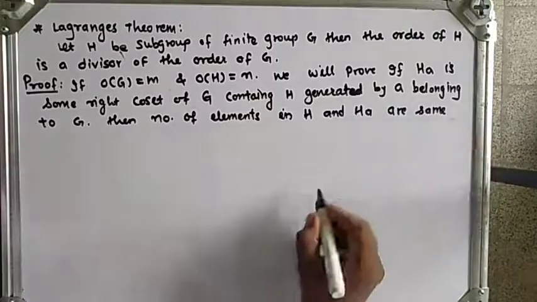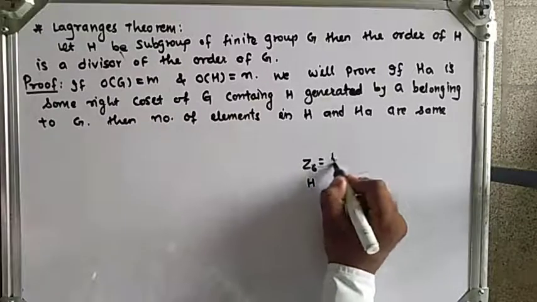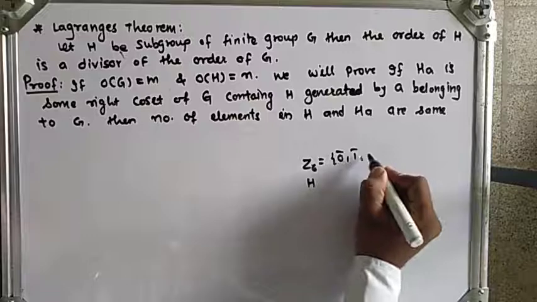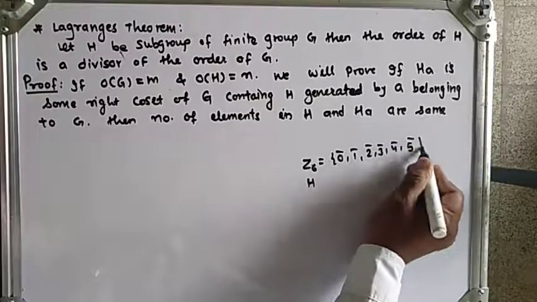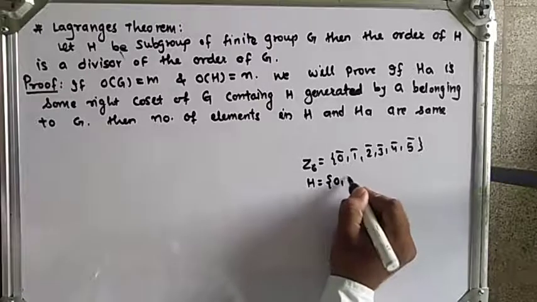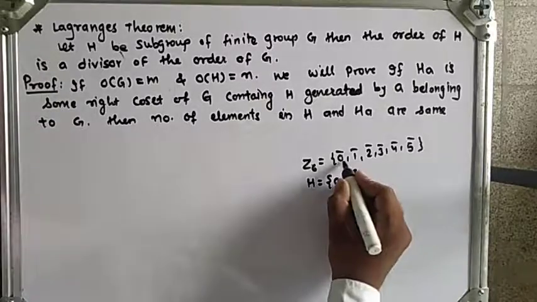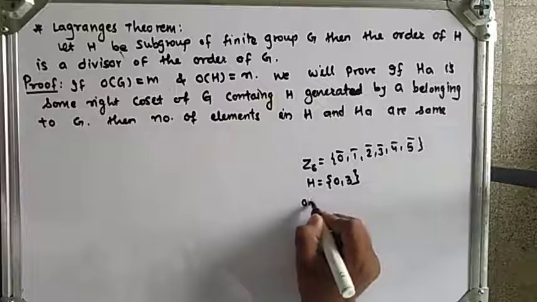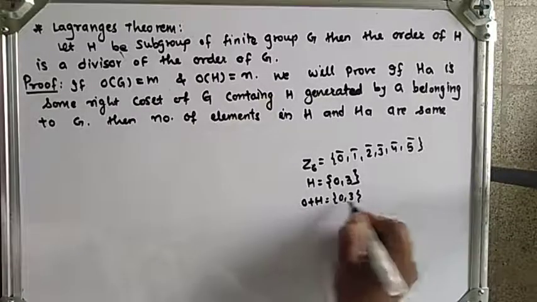So for example, we have seen Z6 has elements 0 bar, 1 bar, 2 bar, 3 bar, 4 bar, 5 bar, and if I take a subgroup H which is {0, 3}, it has only 2 elements. If I take the left coset containing 0, then 0 plus H again has elements 0, 3, which is 2.